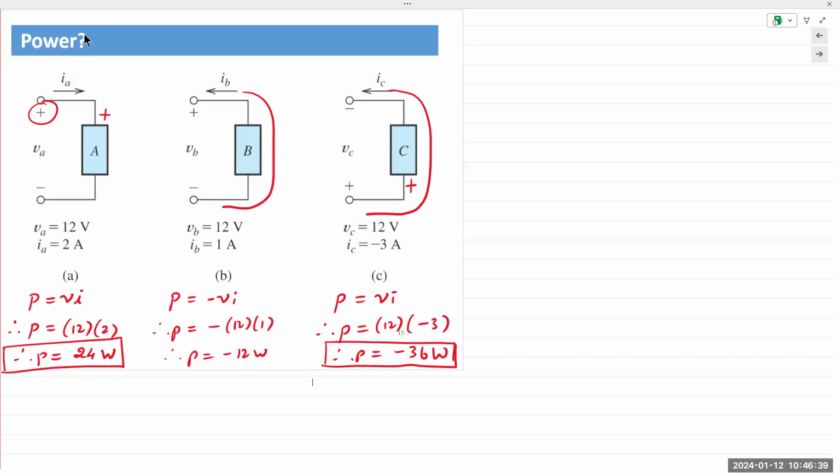So power is being supplied. The question being asked is whether element C is supplying or receiving power. The final answer we receive is minus 36, and so the power is being supplied.